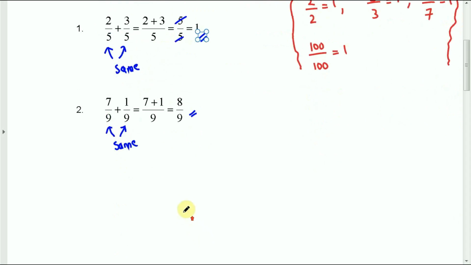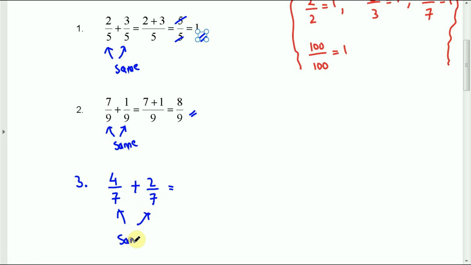Now, let me write down another one. So number 3. For example, say 4 over 7 plus 2 over 7. So first check your denominators. I have a denominator of 7 here, a denominator of 7 here.